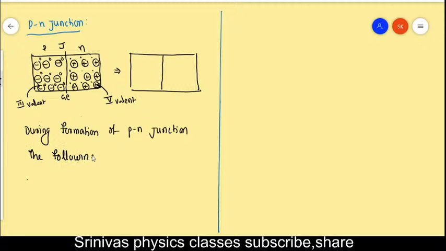What are they? The first one is diffusion, and the second one is drift. These two processes occur.